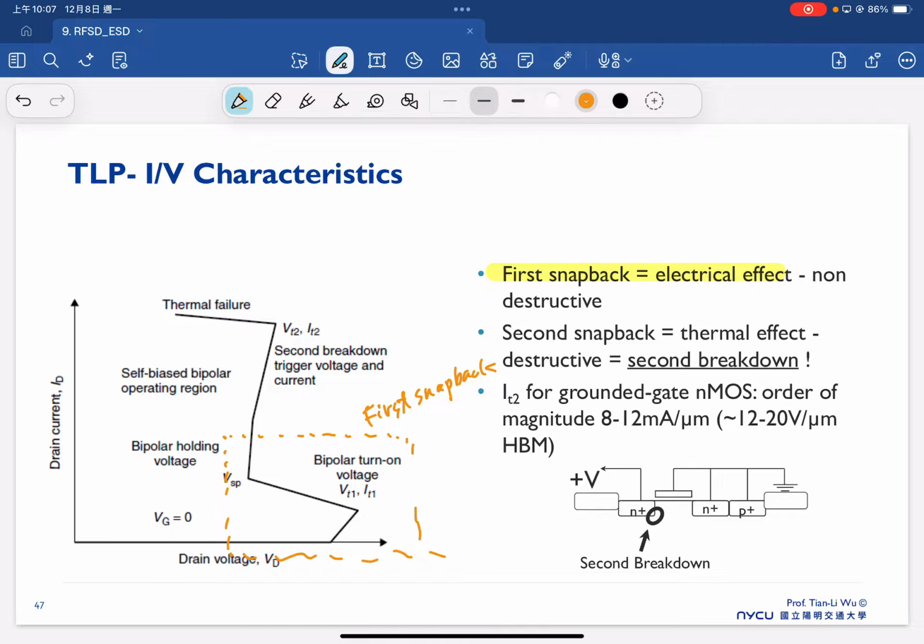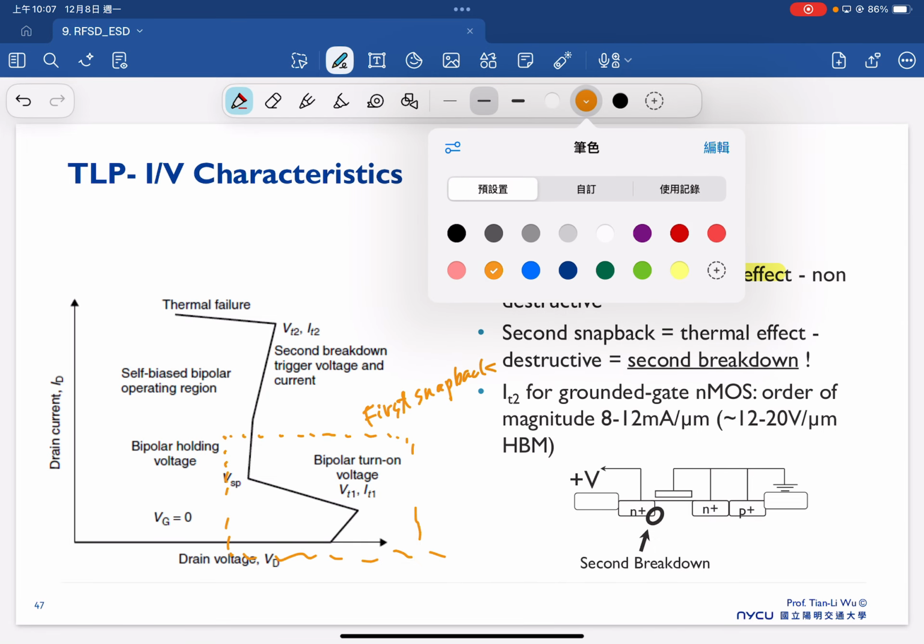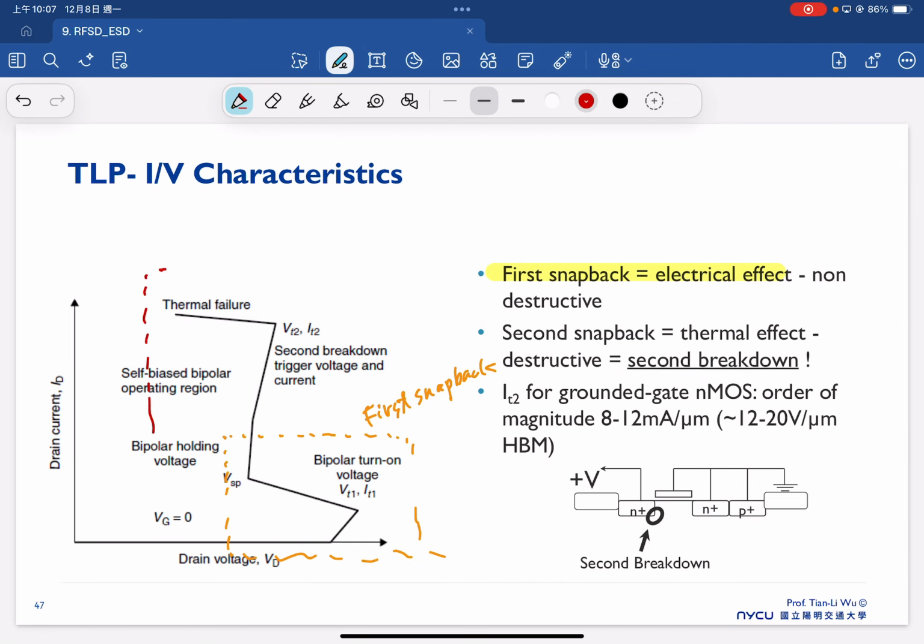So that's an electrical effect. And second, if the current still goes very, very high, we will start to induce certain thermal issues, which is here. So we will start to have the second breakdown. That's due to the destructive thermal effect that leads into the second breakdown.